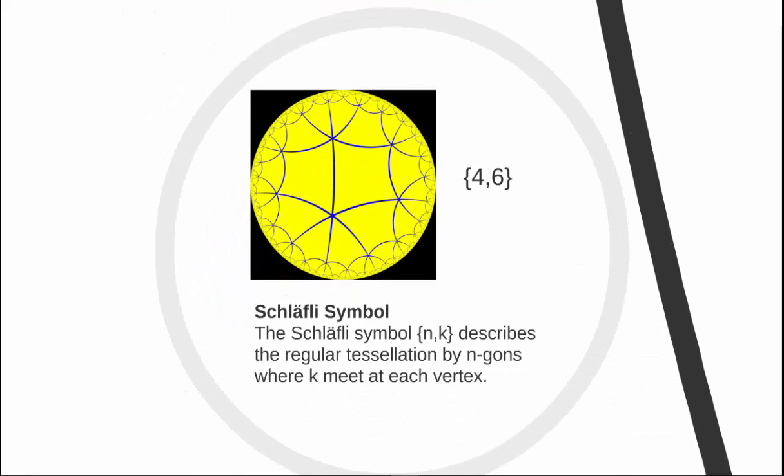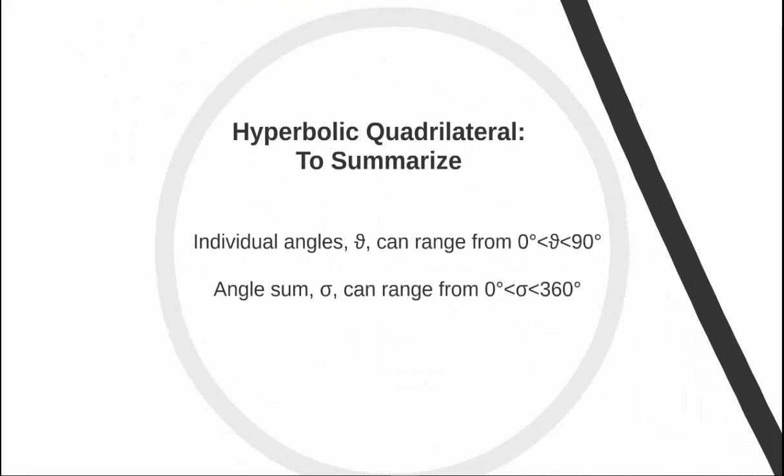This model also denotes a quadrilateral using the Schläfli notation. The 4-6 represents a 4-sided polygon with 6 polygons touching at any one vertex. In summary, the individual angles range from 0 to 90 degrees, and the angle sum of a quadrilateral ranges from 0 to 360 degrees.